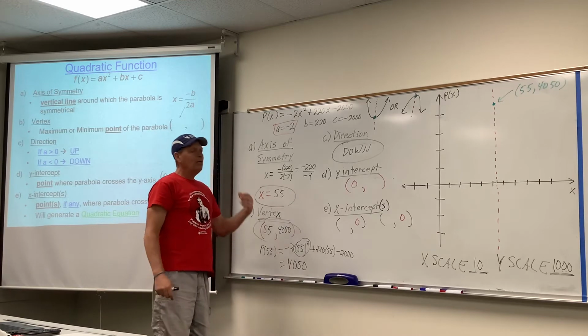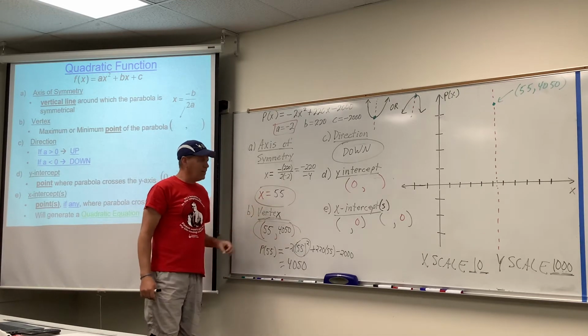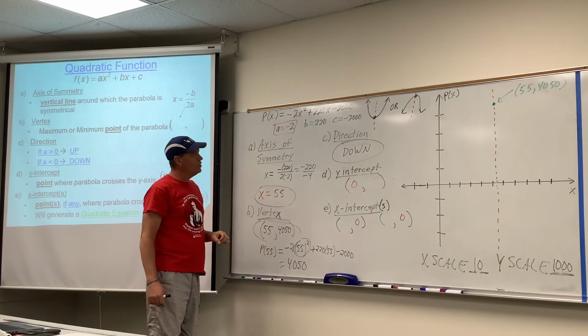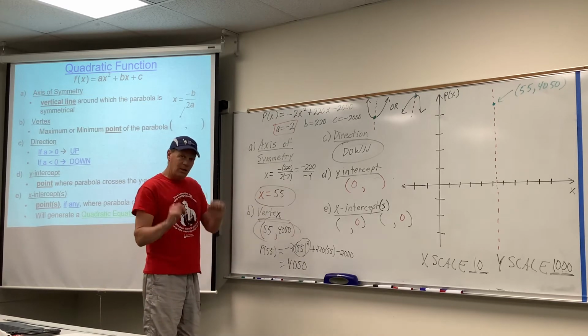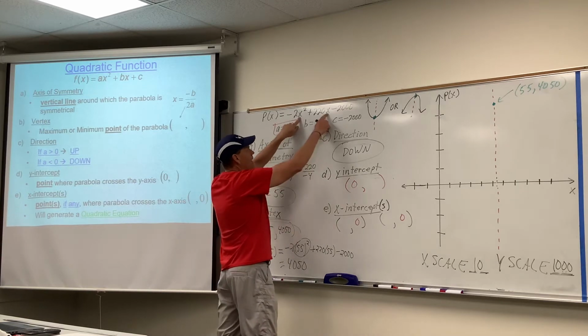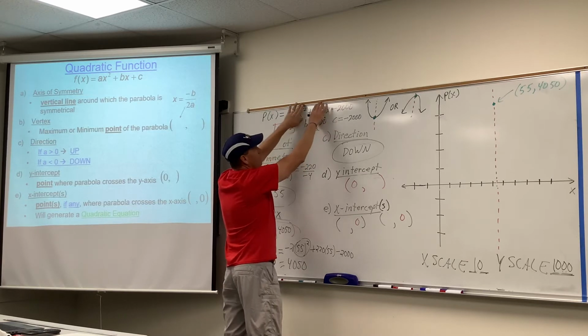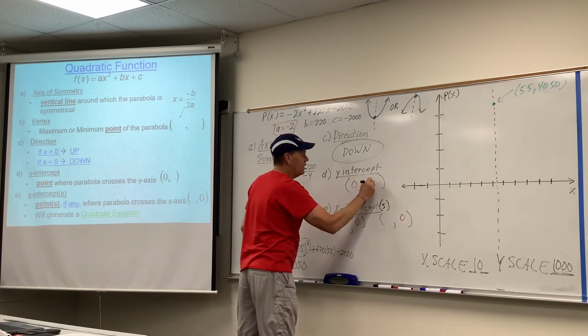Y-intercept, we plug 0 in for x. We do it every time. I've left up the things that are the same every time on the board from one question to the next. You can do that in your head, because if you put in 0 for x here and here, the two terms that have x basically become 0, and we're left with the -2000 sticking on the end.